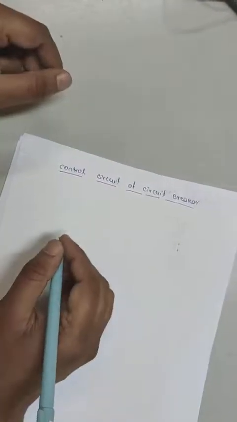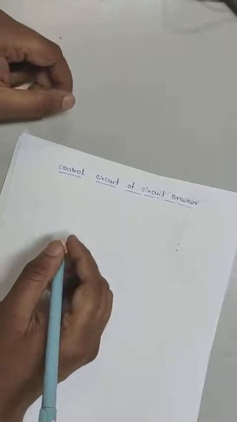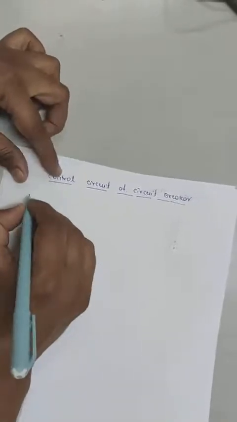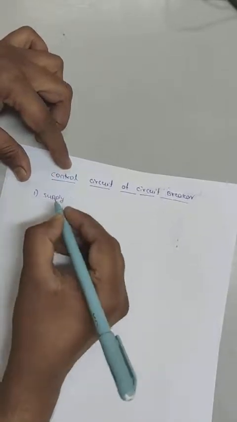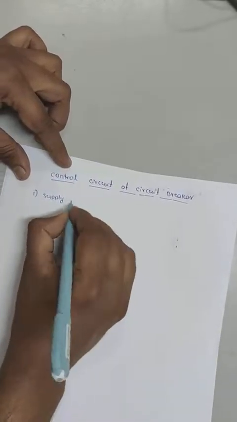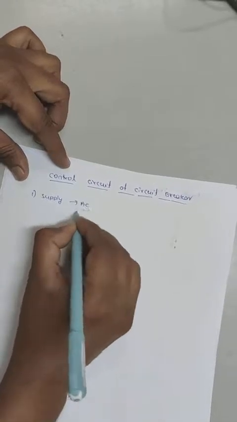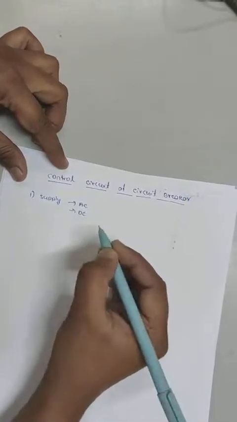For any electrical network, any electrical circuit, we can classify the components into mainly three components. One is supply, whether AC or DC.